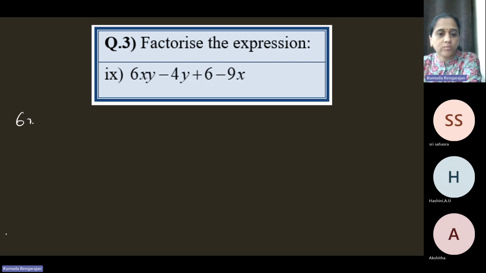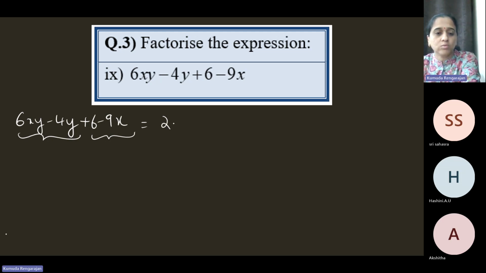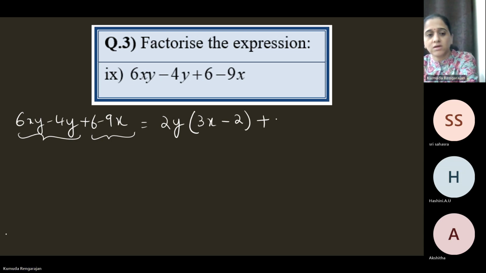So 6xy minus 4y plus 6 minus 9x. That is 2y open bracket 3x minus 2 plus 3 into 2 minus 3x.